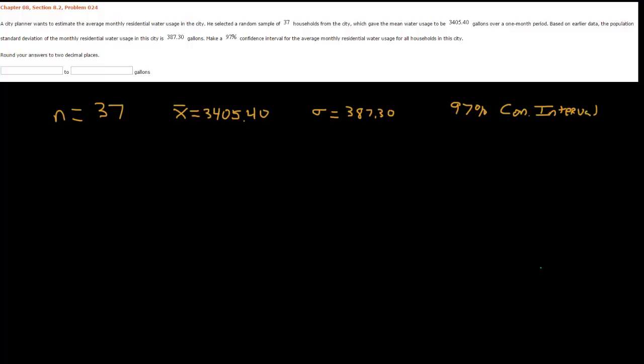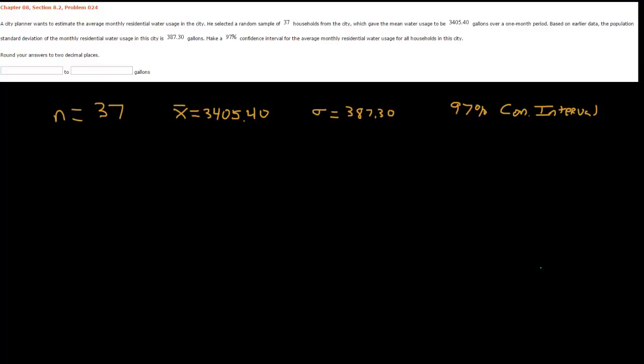Now before we even get started, let's talk about estimators. Remember, with this chapter we are trying to use sample statistics. A sample statistic is a numerical measure that describes a sample, things like x bar, or S, the sample standard deviation. Here we're going to use x bar to estimate a population parameter, mu.